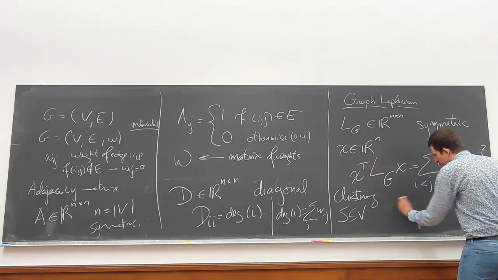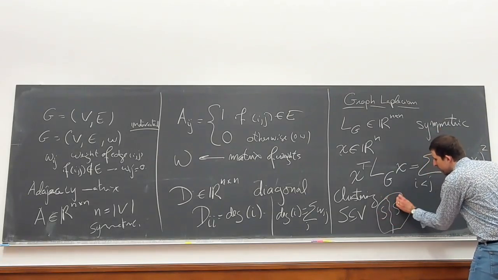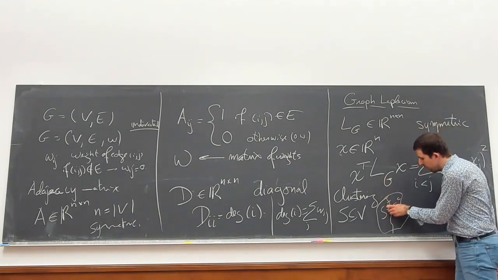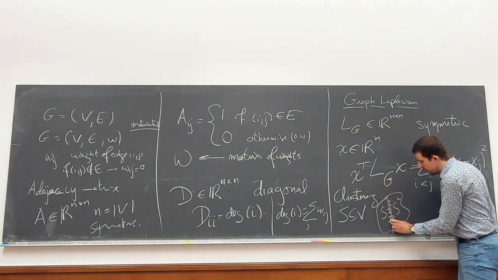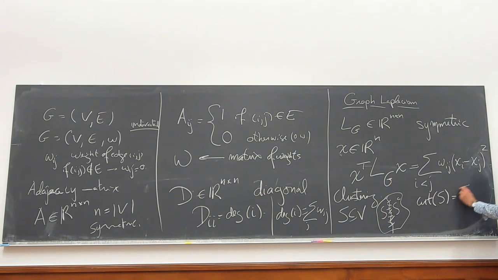Think of the set of vertices as being like this, and you define S, and this would be its complement, and now you measure how good your clustering is by, say, the number of edges that get cut by this. So the cut of S is simply the sum, say, over i in S and j not in S of Wij.